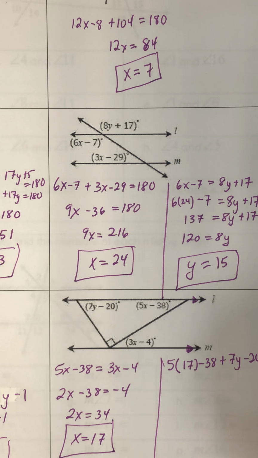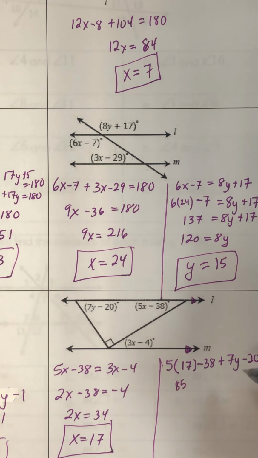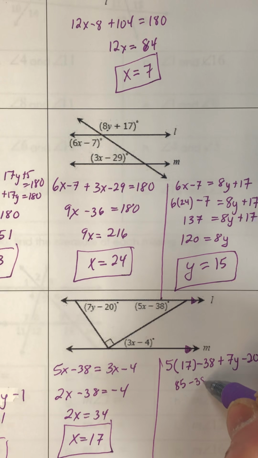All right, let's see. I'm going to add all this up together. So 5 times 17, that's what, 85? So that's 85. Then we have minus 38, and we got the minus 20, and then the plus 7y equals 90.